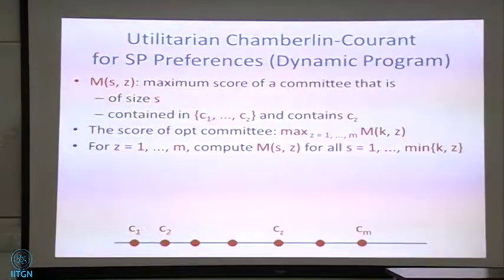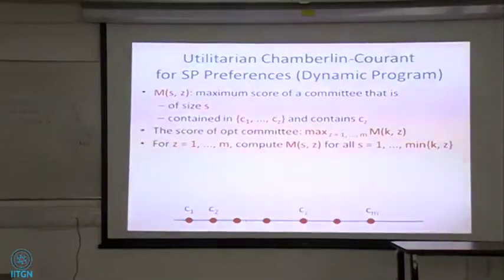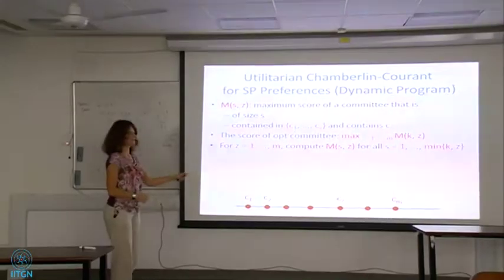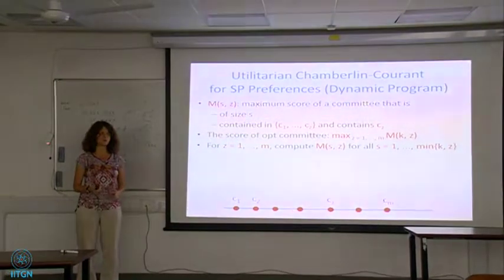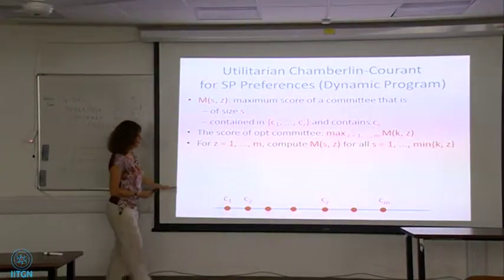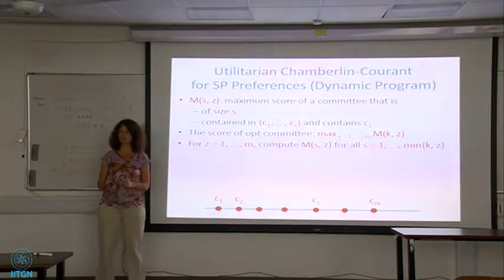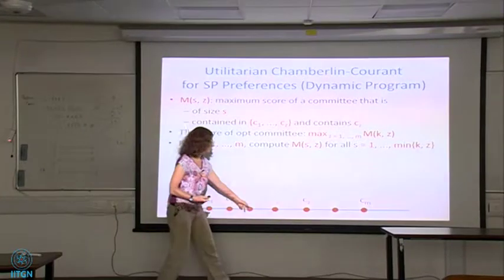Okay, so now how do I do it? Let me fix Z, so Z is somewhere there in the middle. I'm asking what is the best committee of size S that is contained in this prefix and contains CZ. To do that inductively, I have to guess who is the previous committee member. I know that CZ is the last, so I have to guess who is the second last, and the second last can be anyone here.